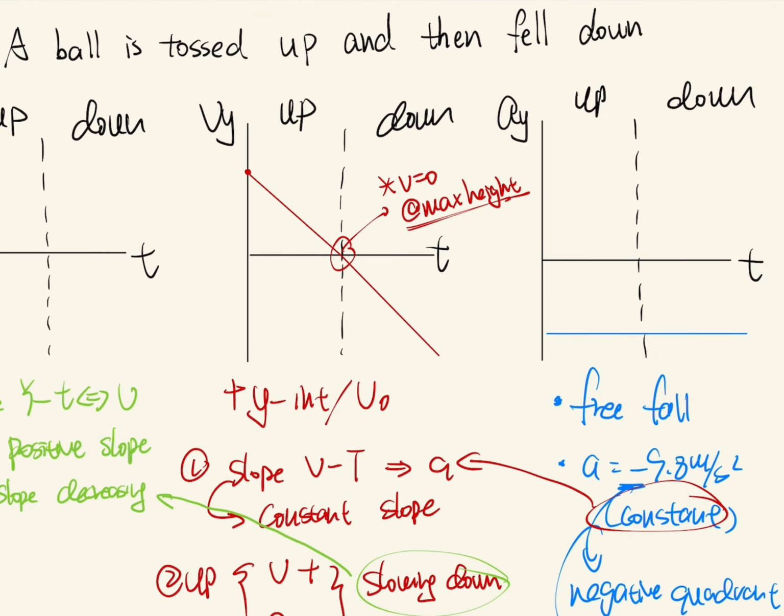So what does it mean by decreasing slope? You can just think of it as the slope getting more flat. So originally it's steep, but it gets more flat. So if you make it continuous, it will just look like this.